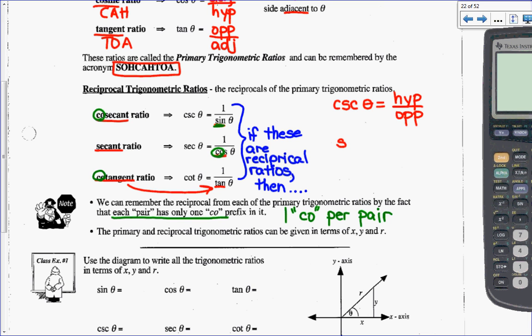Again, secant theta then is the inverse of cosine, and cosine is adjacent over hypotenuse, then secant is hypotenuse over adjacent. And if tangent is opposite over adjacent, then cotangent is going to be adjacent over opposite. Okay, so you can see what's meant by a reciprocal function, a reciprocal ratio. It just means you flip-flop and take the reciprocal.